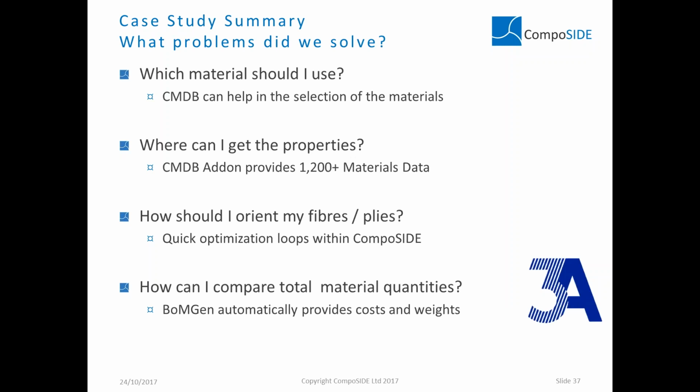You can compare the materials directly with each other in terms of cost, stiffness, weight, and strength, getting a direct comparison between all of those. So these material properties are available in our CMDB add-on, which is where you get our 1200 plus materials properties.